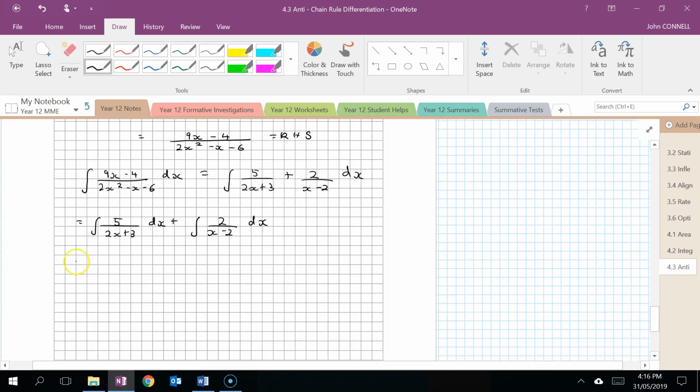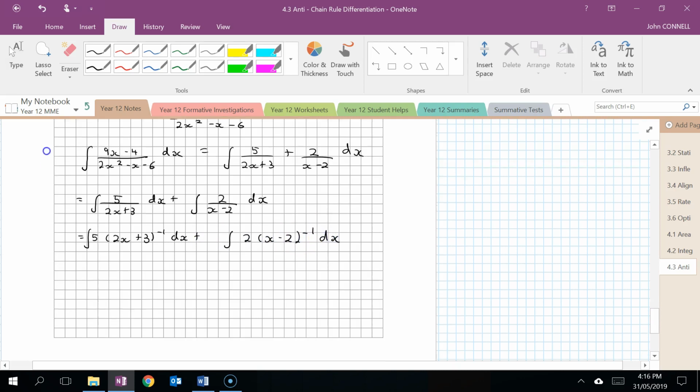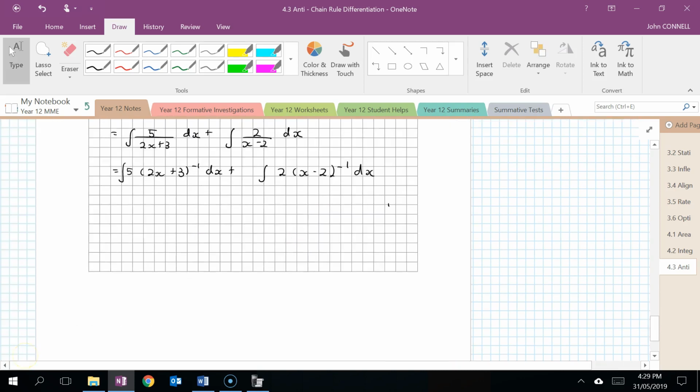And then, when we're looking to integrate, it's 5 by 2x. So it's the integral of 5 by 2x plus 3 to the power of minus 1 dx plus the integral of 2 by x take 2 to the power of minus 1 dx. Okay, now we're ready to integrate. So this is the power of negative 1. So it's an ln.